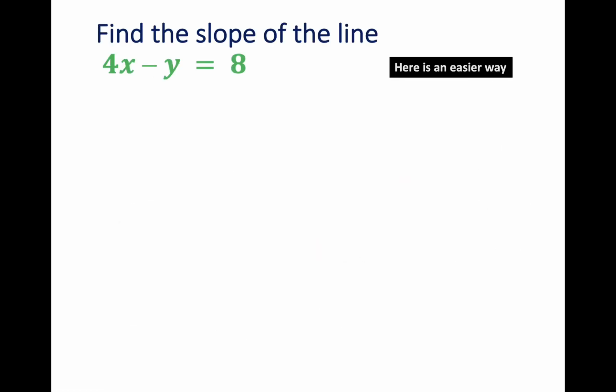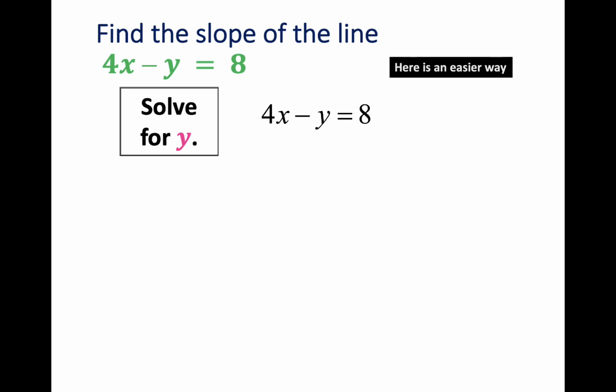Find the slope of the line 4x minus y is equal to 8. So, we have to solve for y. So, transpose natin yung 4x, magiging negative y equals negative 4x plus 8. Pwede natin i-multiply sa negative 1 para mag-positive.